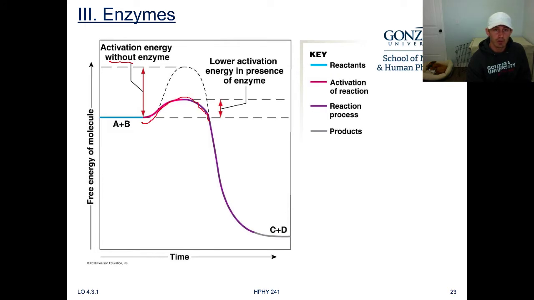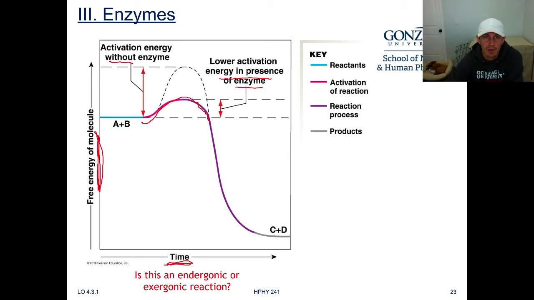It's much lower, okay? And that is in the presence of the enzyme. So that's how we would represent this on a graph. We've got our free energy on the y-axis, we've got the time on the x-axis, and you can imagine if you lower this energy, this reaction will proceed much faster, so it speeds up the reaction rate.